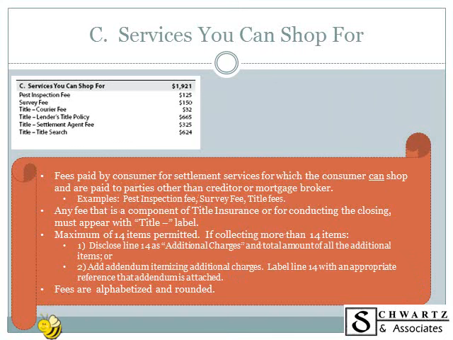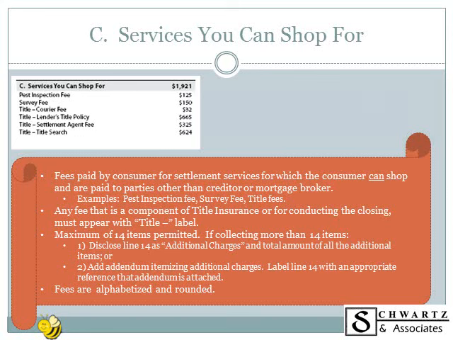Services you can shop for. This section includes fees paid by the consumer for settlement services for which the consumer can shop and are paid to parties other than the creditor or mortgage broker. Some examples include pest inspection fee, survey fee, and title fee. This section allows for a maximum of 14 items. If you are collecting more than 14 items, there are actually 2 possible ways to disclose the additional items.